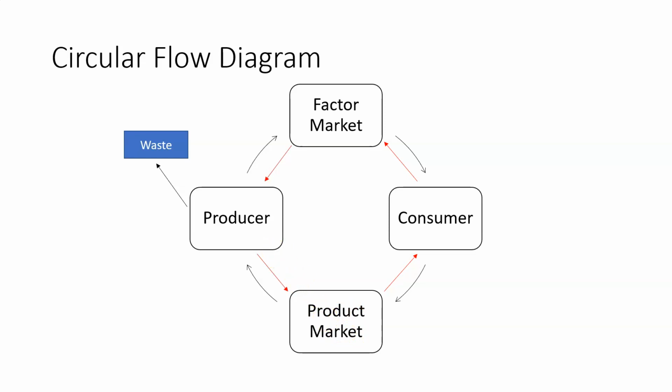Now, the red line going from the product market to the consumer represents the good moving from the store to the consumer. So these red arrows here are representing movements of goods and services. That gets measured by something we call our gross domestic product, our GDP. We'll come back to that in a couple of lectures.